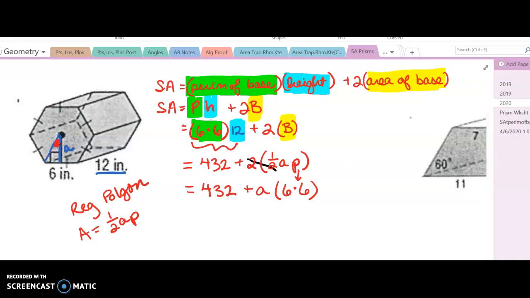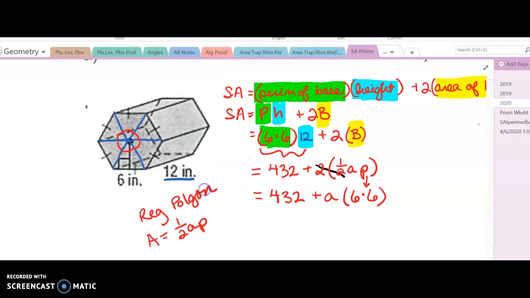To find that red angle there, our strategy is to draw a line from each vertex of this hexagon into the center of the shape. For now, we won't worry about the apothem yet. The reason why we do that is this is going to help us find that angle that's the key to this whole problem. Because we know that all of these center angles make a circle together. So if I do 360 for the whole circle divided by 6 equal angles, each one will be 60 degrees.